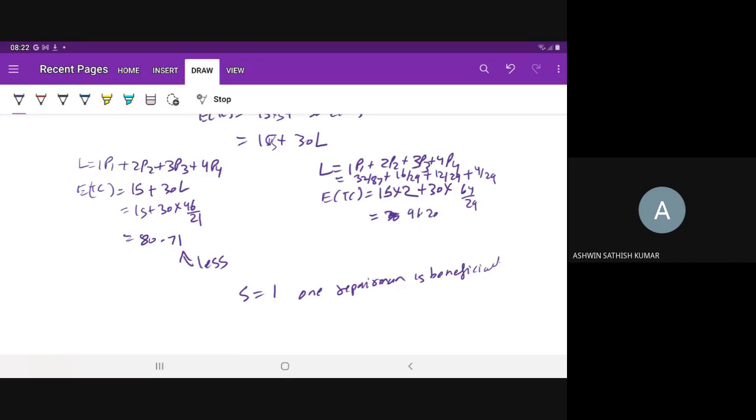The most important thing I want to convey is that whenever we have a finite capacity or finite population model, always go with the birth and death process instead of applying the formula. I have already given you the formula also, but instead of applying the formula, please use the birth and death process.